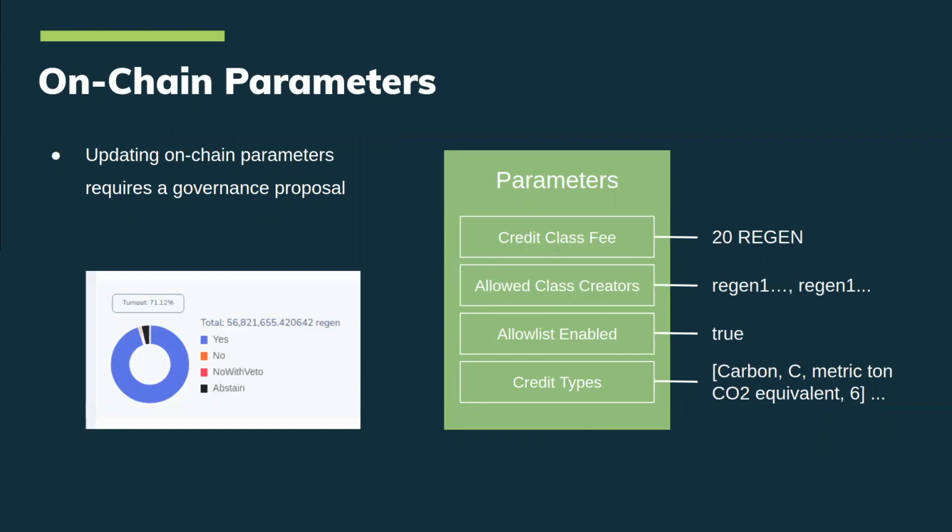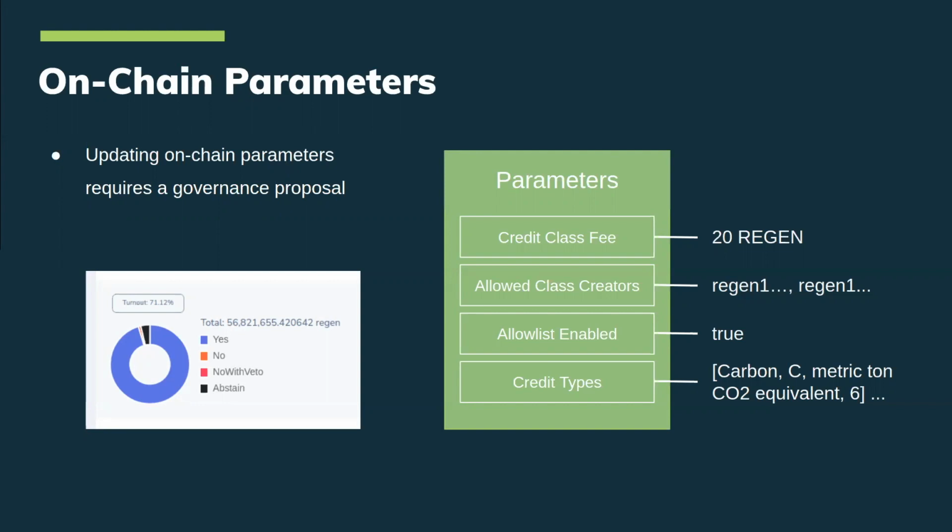As I mentioned when I was talking about credit types, there are these on-chain parameters. Each module has specific on-chain parameters that can only be updated through a governance process. So there's a parameter change proposal that's submitted, and actually on Regen mainnet, we've already had 3 parameter change proposals go through.